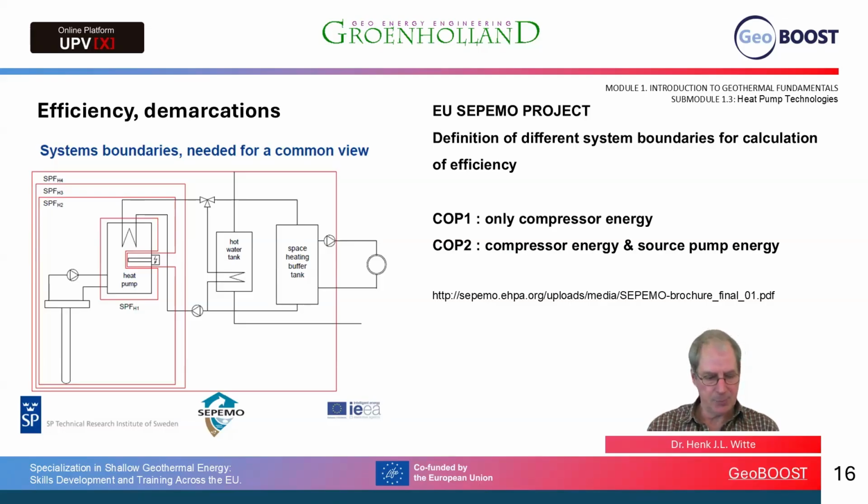There was a nice project of the European Union, the EU CPMO project that actually defined different system boundaries for calculation of efficiency. And in this graph, for instance, you can see the COP1 or SPF1, only the compressor energy is accounted for, and COP2 or SPF2, the compressor energy and the source pump energy is considered. And this is what we are usually interested in from the ground source energy perspective.